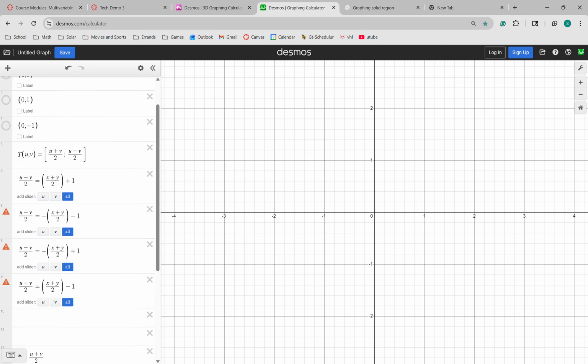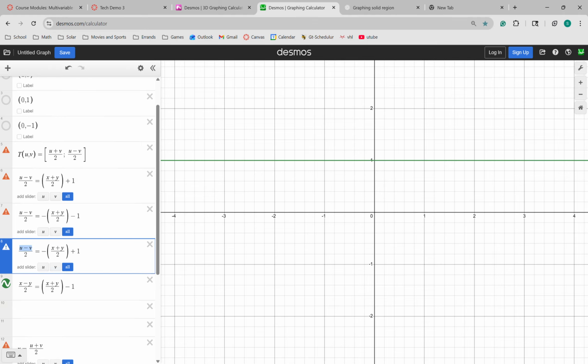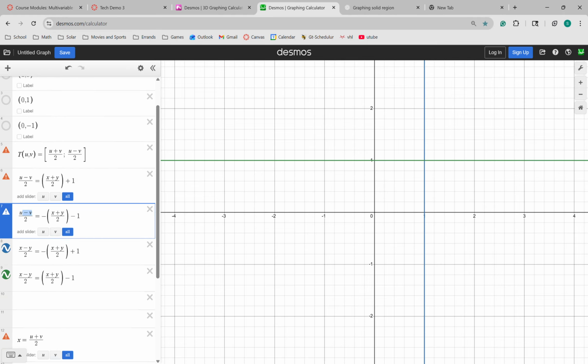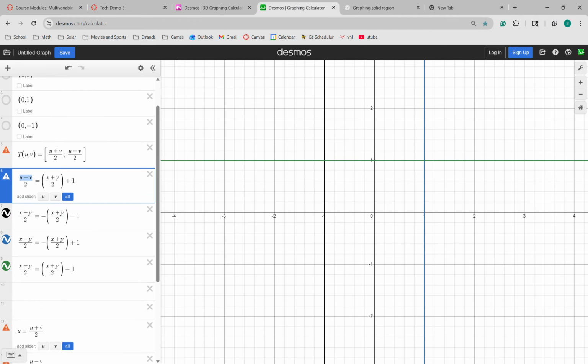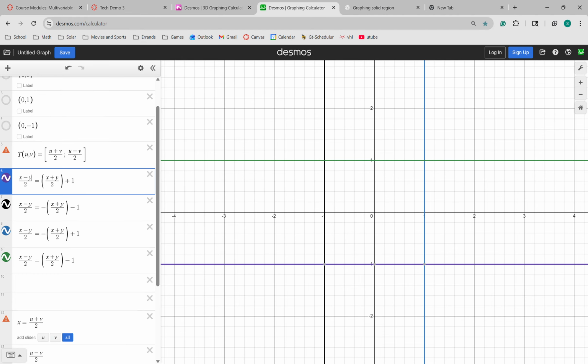All I'm doing right now is, instead of u, I'm writing x, and instead of v, I'm writing y. So here is our original region in the UV plane. The corner points are 1, 1, 1, negative 1, negative 1, negative 1, and negative 1, 1.